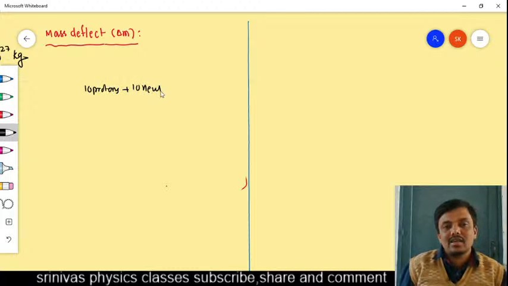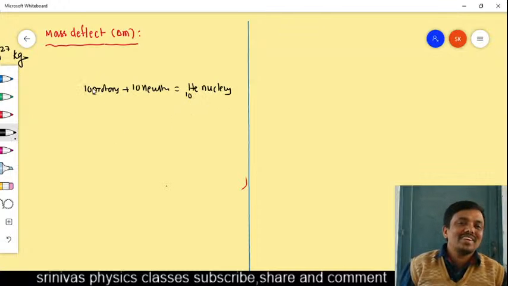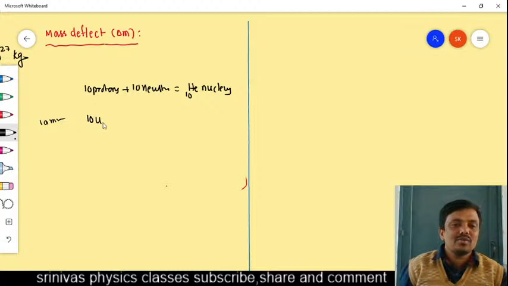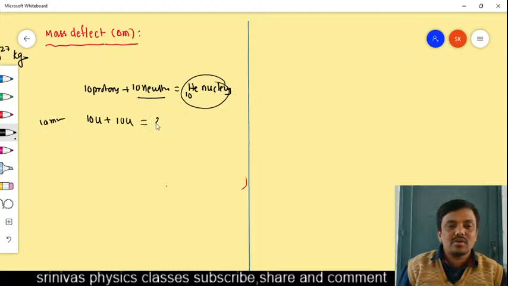Combined, one helium nucleus is formed. Say helium atomic number 10, helium nucleus formed. One proton mass is 1u, 1 AMU. So 10 protons mass is 10u, plus 10 neutrons is again 10u, and the helium nucleus mass should be equal to 20u.